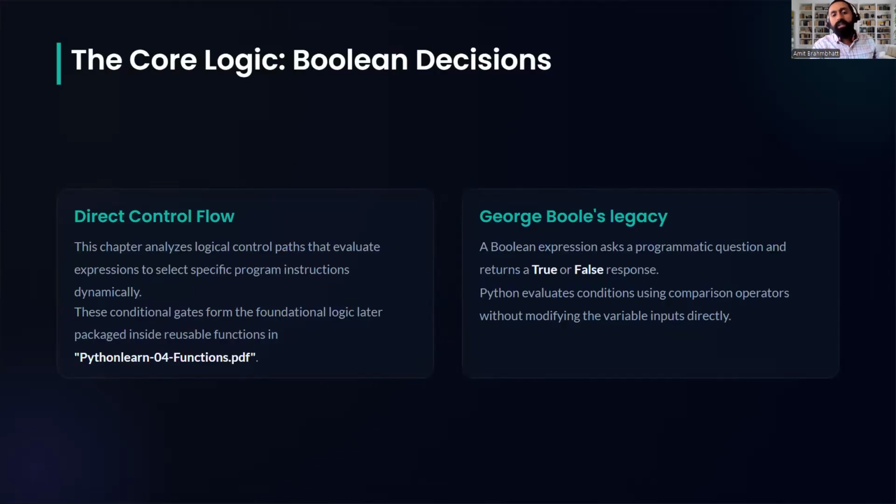So at the heart of conditional execution is George Boole's logical legacy: Boolean expressions. A Boolean expression simply asks a question that evaluates to either true or false. Python uses comparison operators to inspect variable states without changing the data itself.